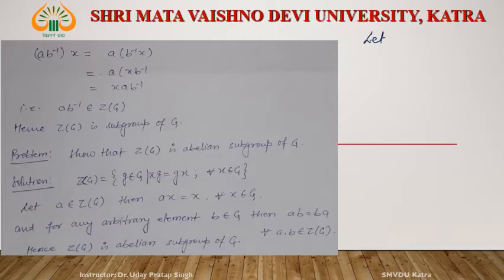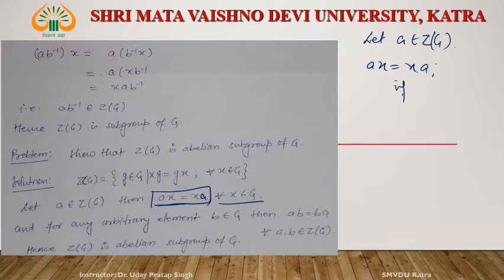Let a belong to Z(G). Then ax is equal to xa for all x belonging to G.